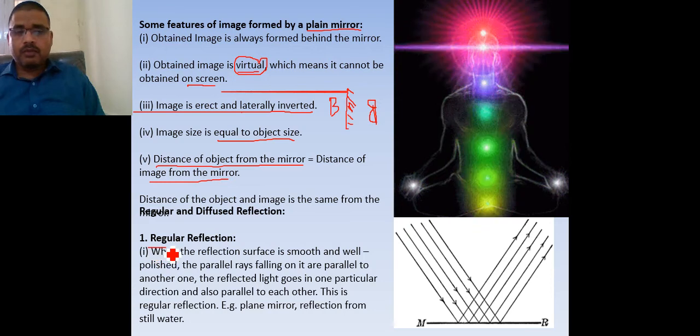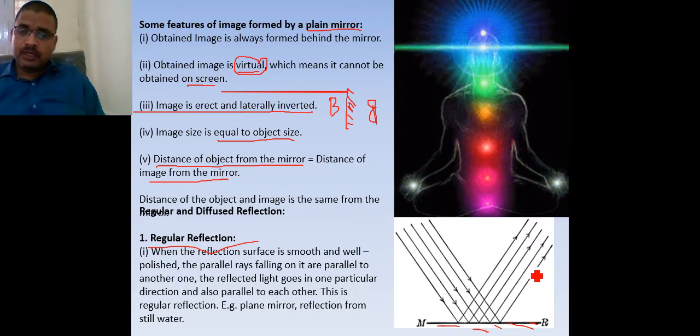That means if the surface of the mirror is very, very smooth, what happens when parallel rays come and strike from the source, and these parallel rays get reflected, bouncing back into the same medium, and the reflected rays are also parallel?